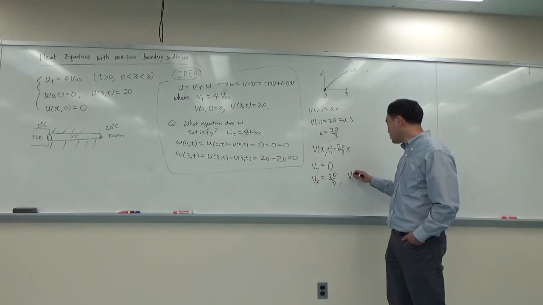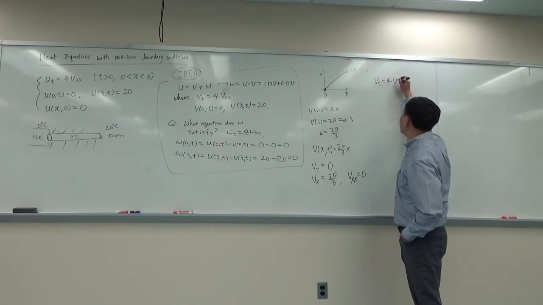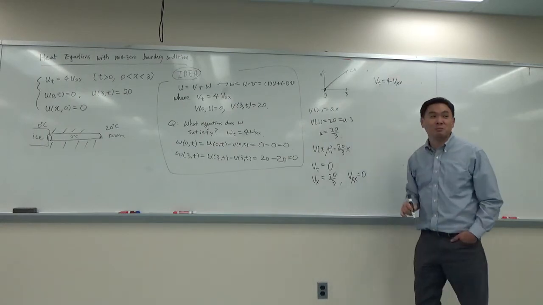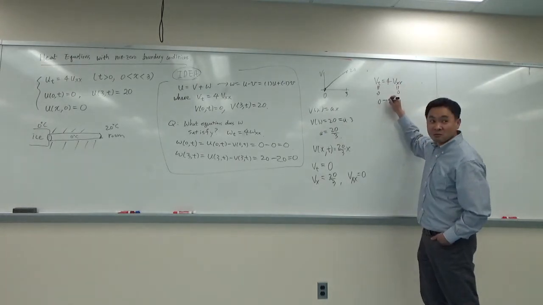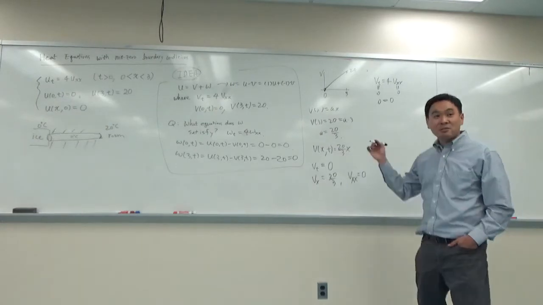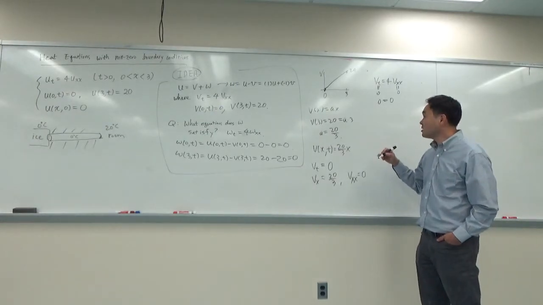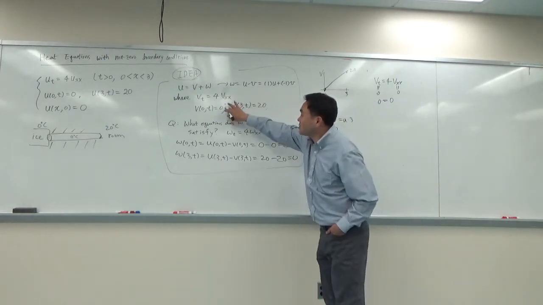What do you get if you differentiate twice? 0. So is it true that Vt is equal to 4 times Vxx? It's true. This is 0 and this is 0 as well. And 0, last time I checked, is equal to 0. Right? So done.